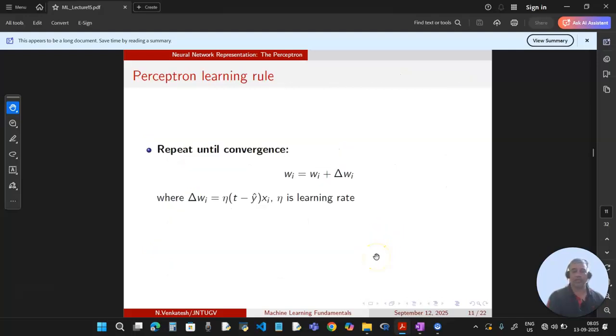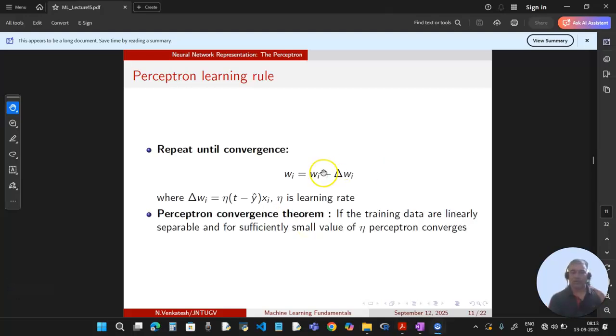It actually uses a learning algorithm. Initially it starts with random weights, and then the weights are adjusted based on the error. This error is t minus y cap, where t is the expected value and y cap is the value produced by the neuron, and the weights are adjusted using this formula: eta, the learning rate, into this error, into xi, the corresponding xi.